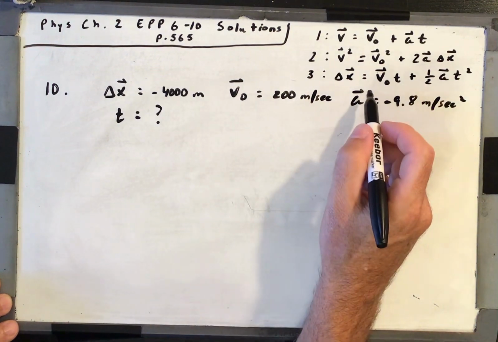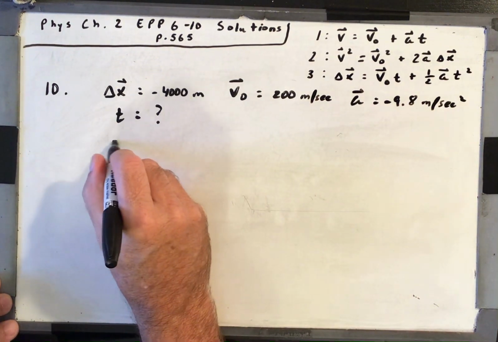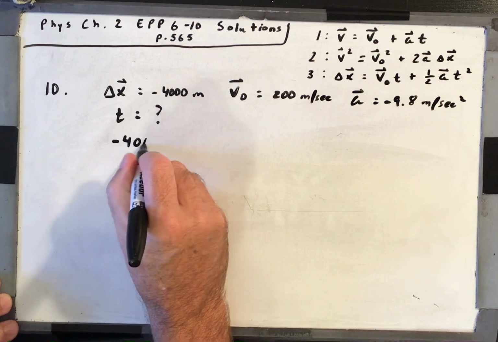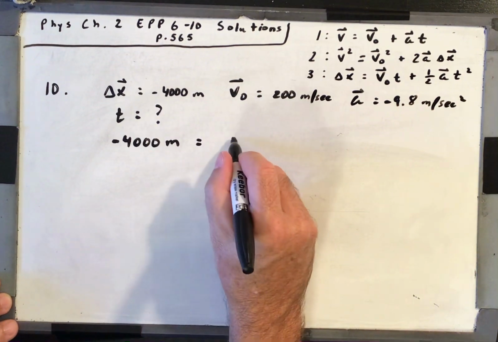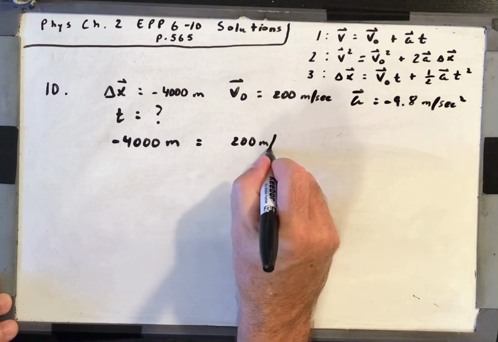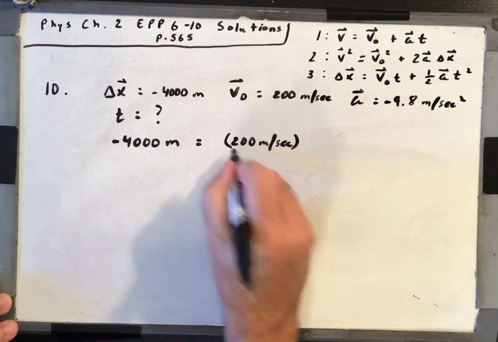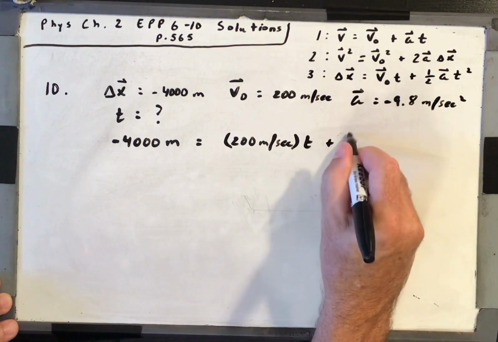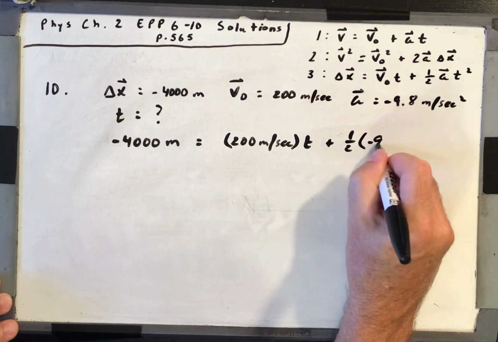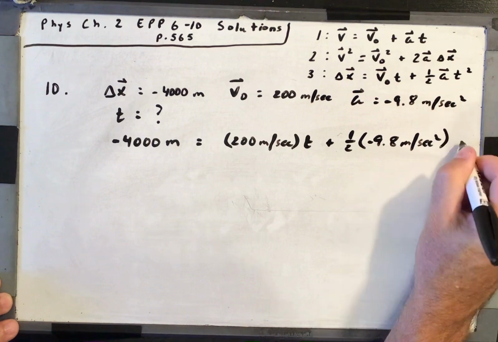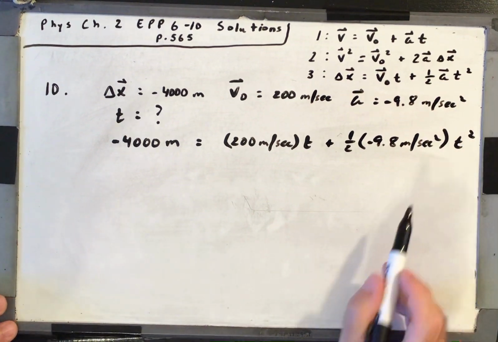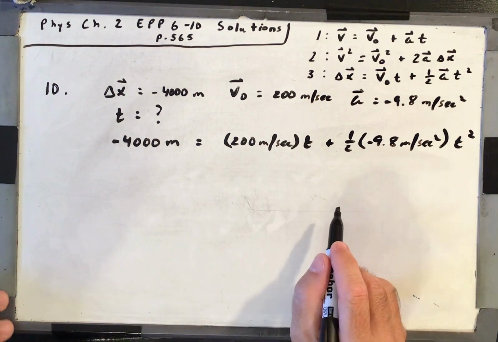All right, let's plug it into equation 3. I would have negative 4,000 is equal to 200 times time plus 1/2 times negative 9.8 times time squared. So that's a quadratic equation.